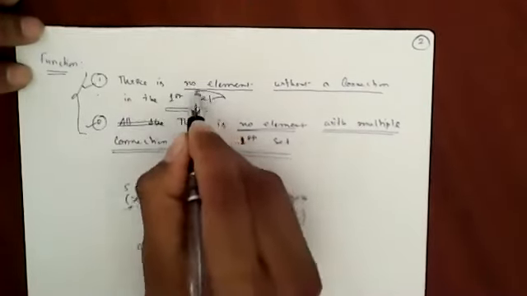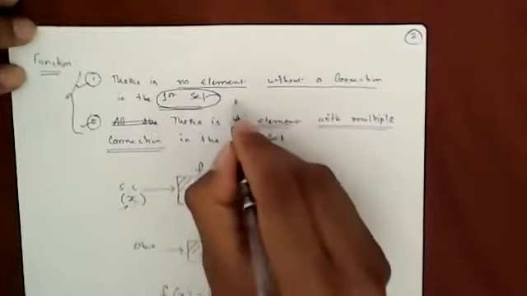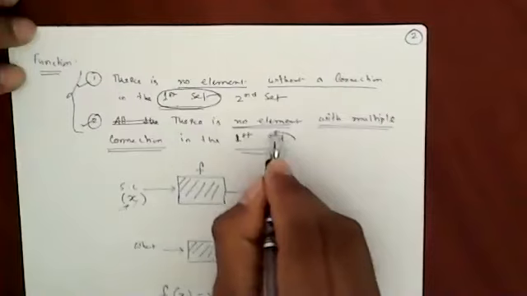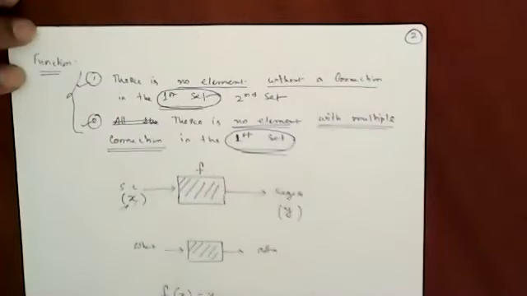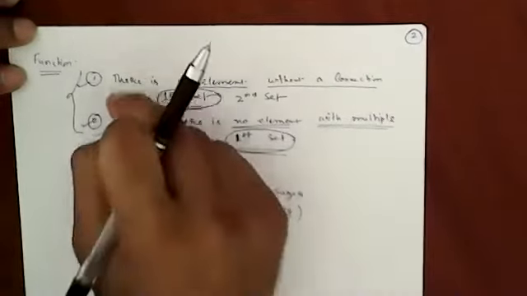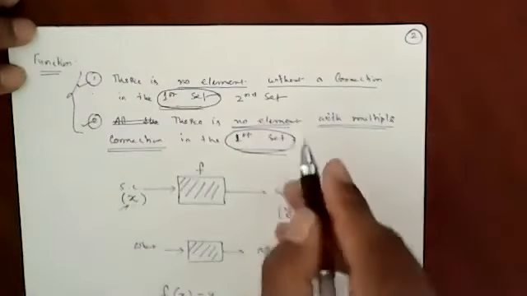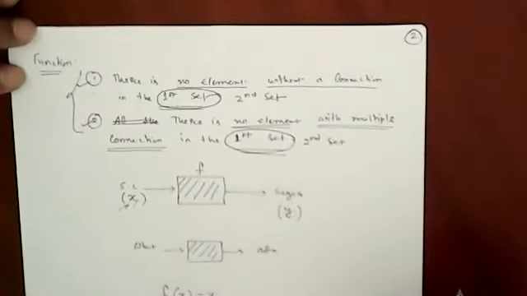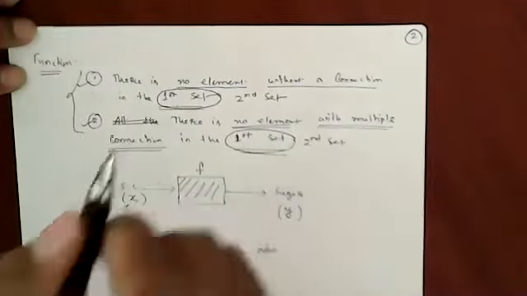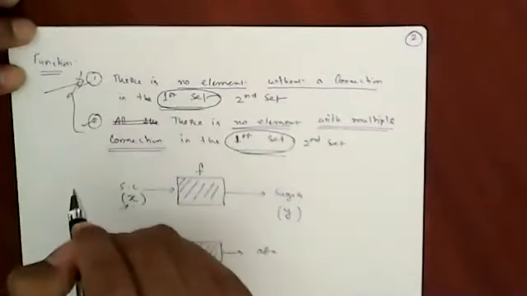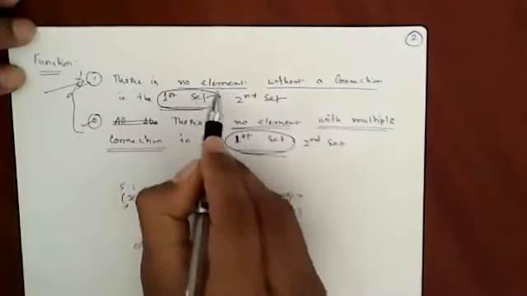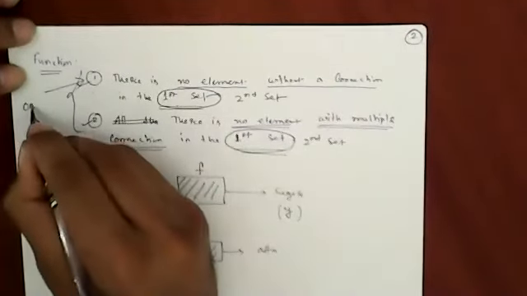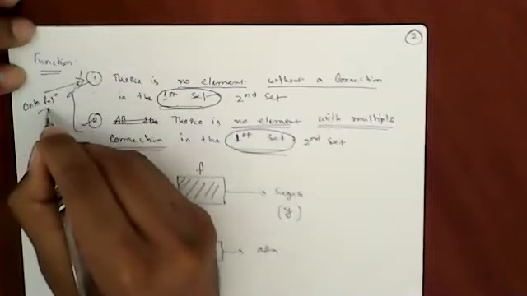Now if we replace the first set by the second set, after becoming a function, if something is already a function, satisfying both conditions for the first set, and now we check the condition for the second set: if there is no element without a connection in the second set, then we'll say this is an onto function.